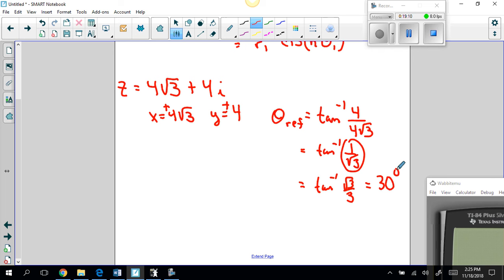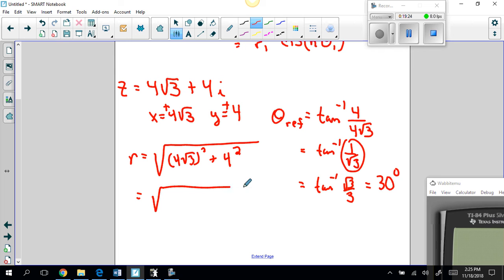So I know the radius is the square root of 4 radical 3 squared plus 4 squared, because the radius is the square root of x squared plus y squared, which is the square root of 16 times 3 plus 16, which is the square root of 64, which is 8.